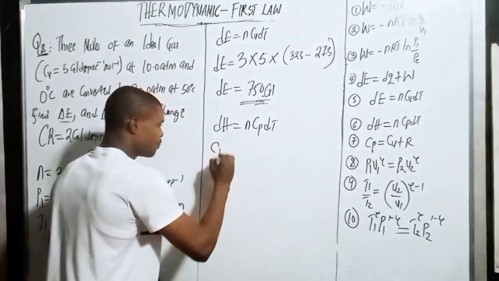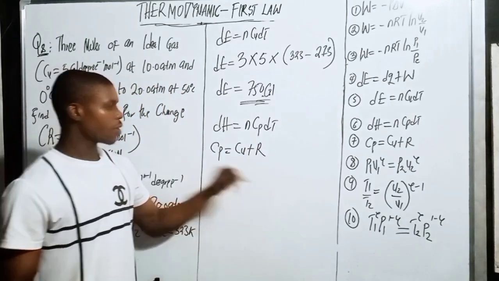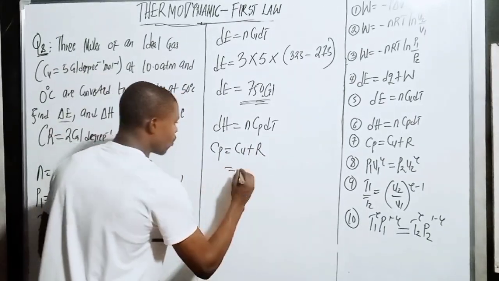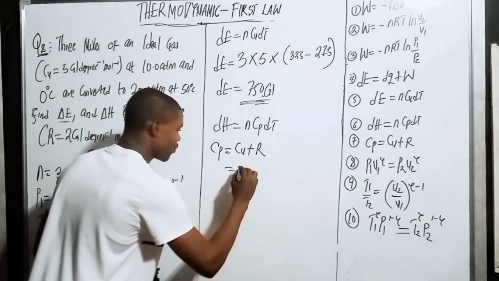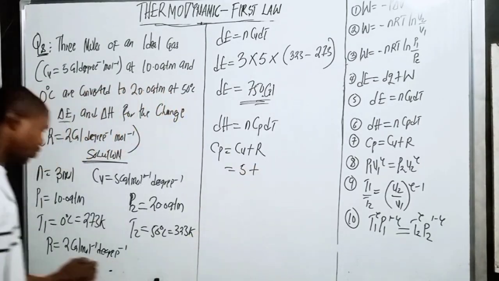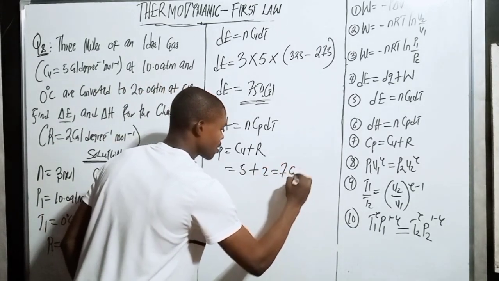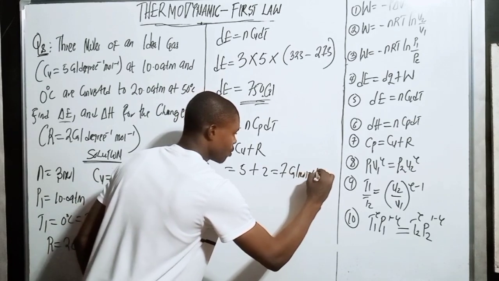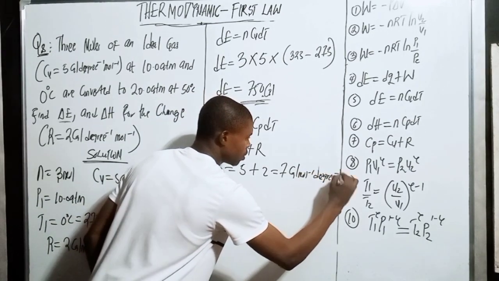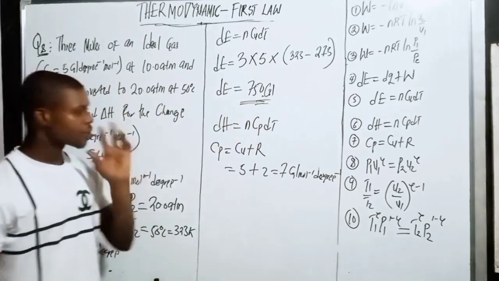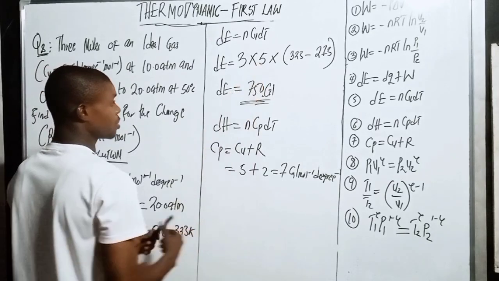So Cp equals Cv plus R, right? So my Cv gives me 5 plus my R, which is 2, going to be 7 calories per mole per degree. Okay, so this is what I'm going to use. So in the place of this 5, I'll place 7.